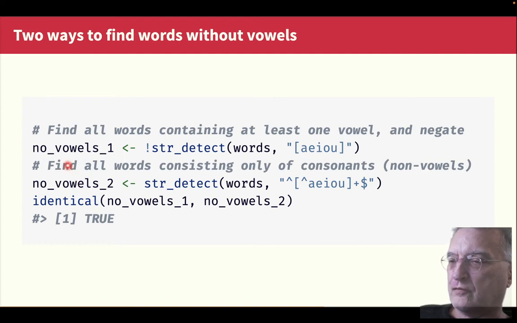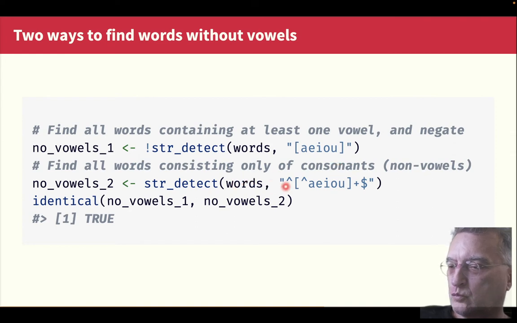Find all the words with a vowel and negate it. So these are all the words that contain a vowel, and then we say the negation of this. Or we could find all the words consisting only of consonants.